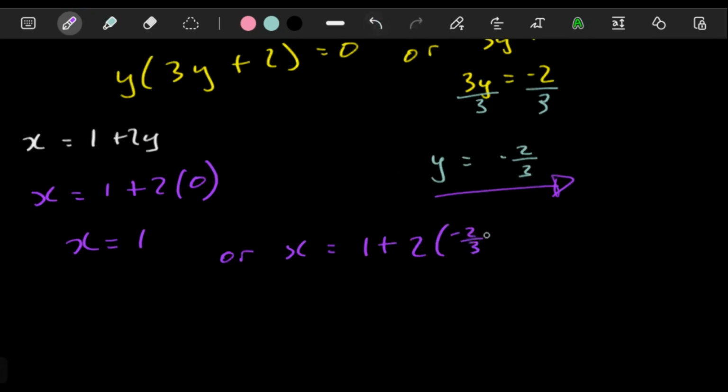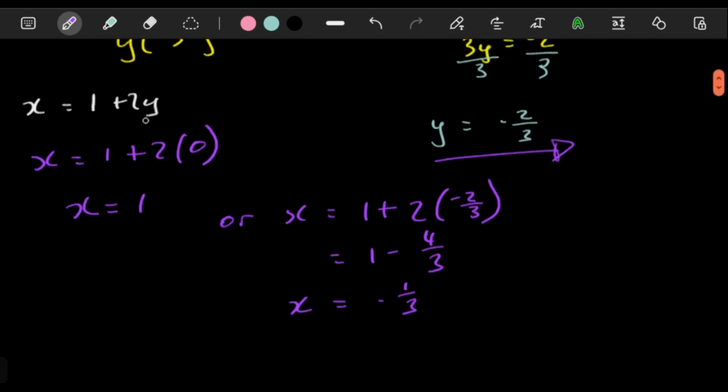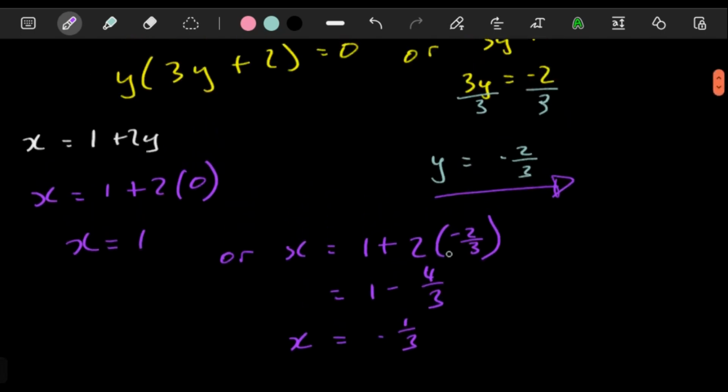So with whatever answers you're going to put here, you need to check them also. Because if they don't balance out your equations, then there's something wrong. So here 1 minus this is going to give us negative a third. Okay, so those are our answers. So the thing is, yeah, if they don't balance out the equations, then you have a problem. But in this case, if you throw negative 2 over 3 here, and you throw 1 there.